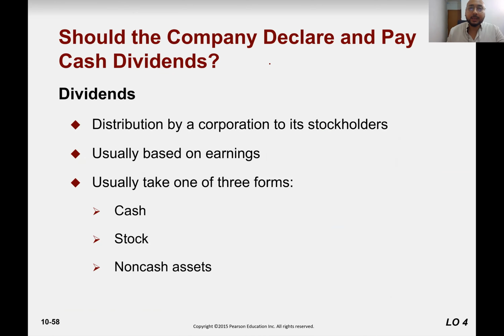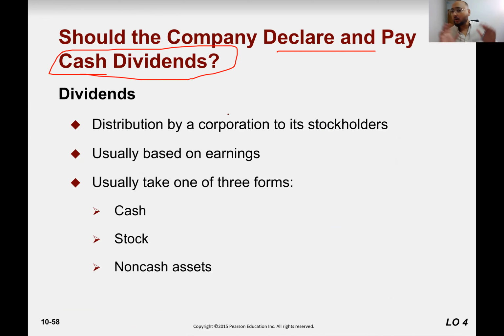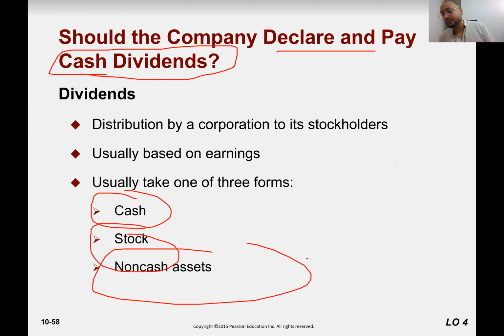So should the company declare dividend and pay cash dividend? Answer is yes. So that is basically how dividends are paid. Dividends are paid either in the form of cash, in the form of stock, or in the form of non-cash assets. Normally dividends are paid based on earning. If the company is earning profit, they share some profit with the shareholders.